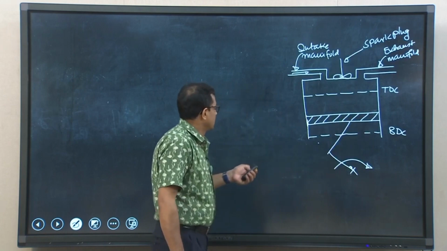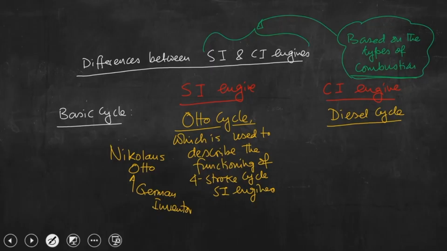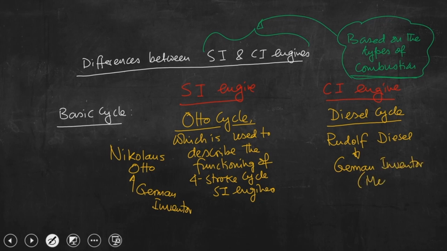The German inventor and mechanical engineer Rudolf Diesel first described the functioning of the CI engine using a cycle, and that cycle is known as the diesel cycle.